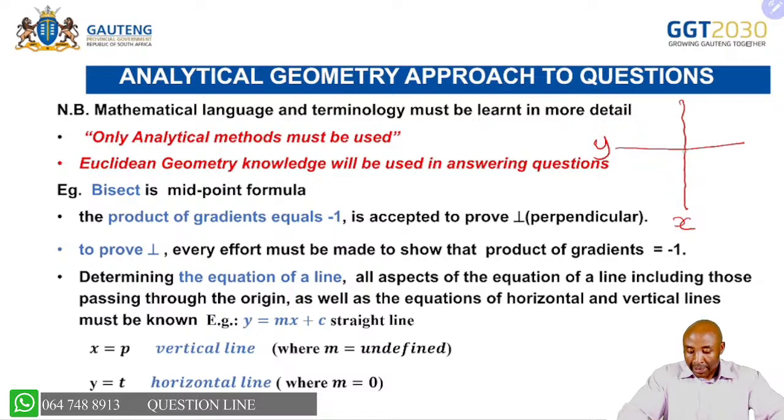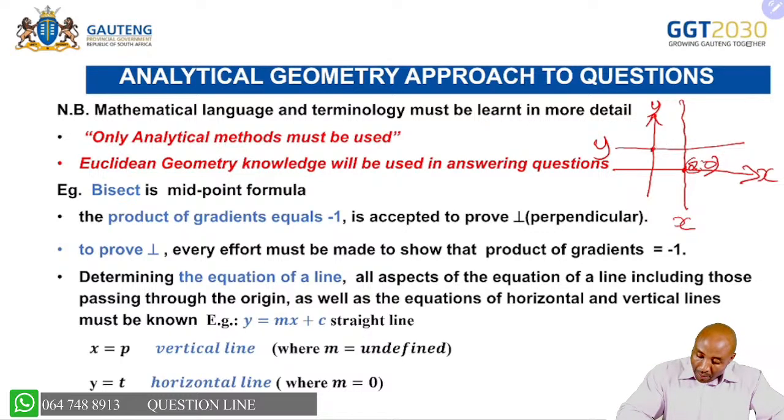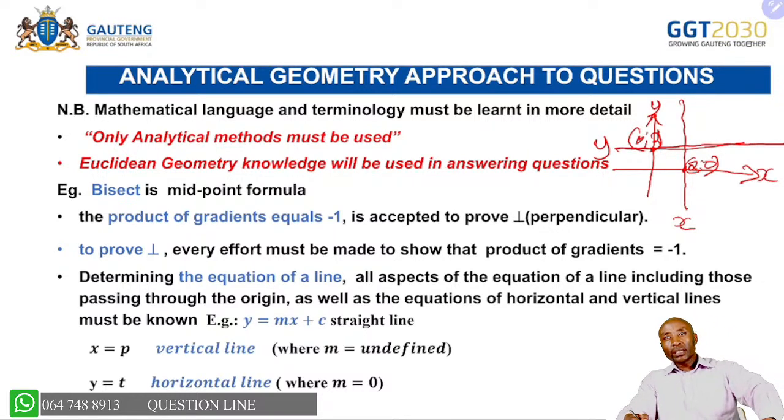So if it cuts the y-axis somewhere, this is our Cartesian plane, that's our x-axis, and you are told that here the coordinates are (2; 0), and here the coordinates are (0; 3), for example. It means the equation of this line will be given by y = 3.